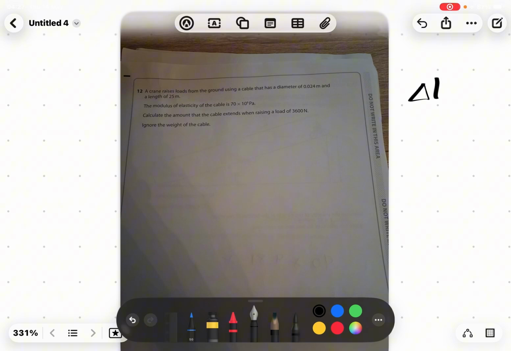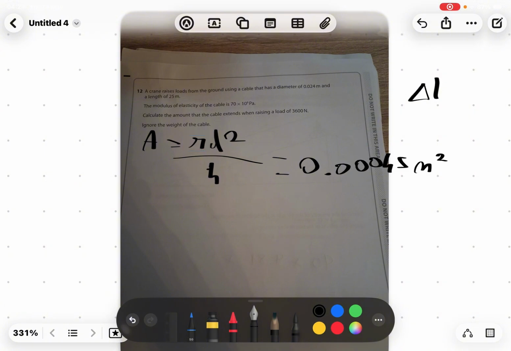So I don't know why we would need it. Okay, let's just do it. The area is pi times the diameter squared, divided by 4. The diameter is this, 0.0004 squared. We could also do pi r squared, however, no need.